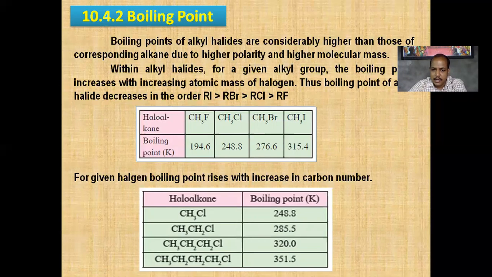As the carbon number increases, you should observe clearly that the boiling point also increases. You see methyl chloride 248.8 Kelvin, here 285.5 for 1-chloroethane, that is one carbon increases, then boiling point also increases. Here 1-chloropropane 320 and 1-chlorobutane 351.5 Kelvin. Now see carefully.